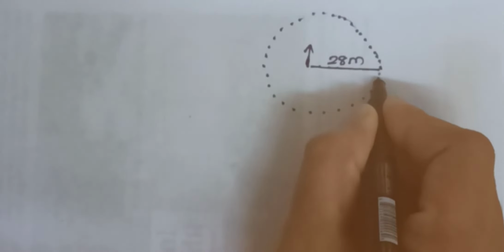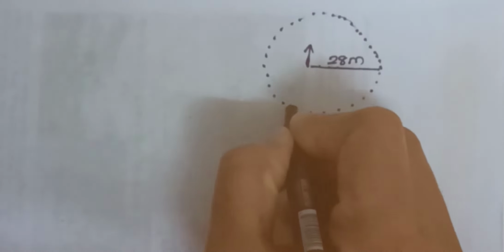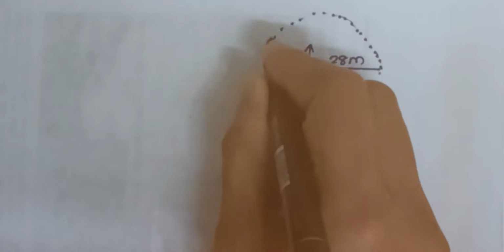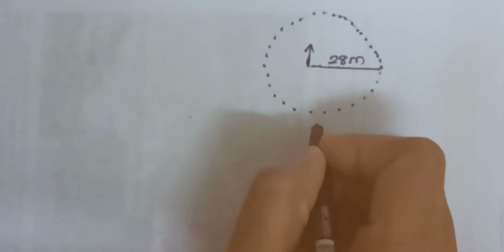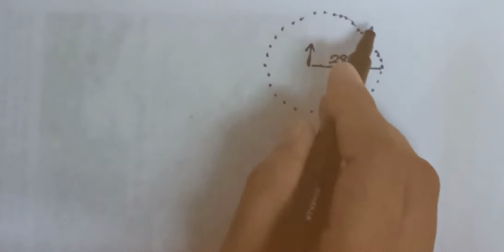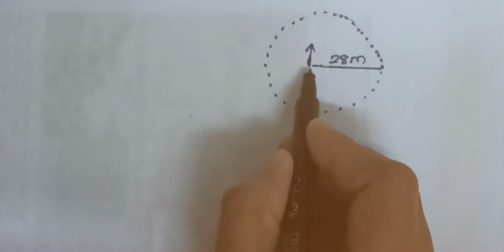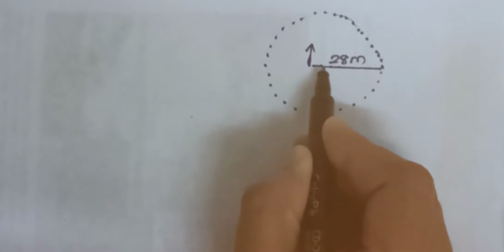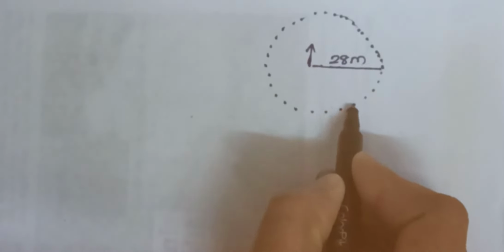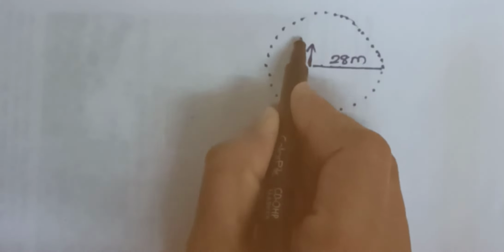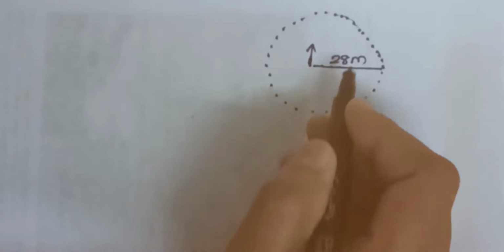See, the horse can move in a circular motion, isn't it? It can maximum move in the form of a circle. That means our required perimeter here will be the perimeter of the circle. And what will be the radius? Since it is tied to the rope of length 28 meter, wherever it moves, this will be the maximum length, no? That means the radius of the circle is 28 meter.